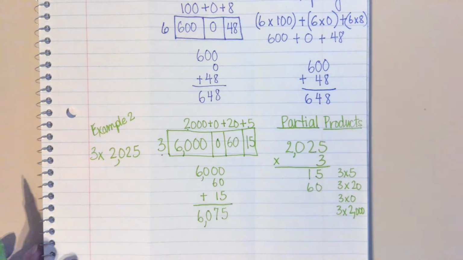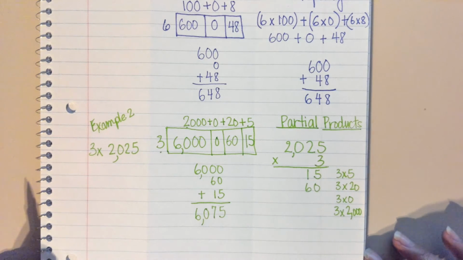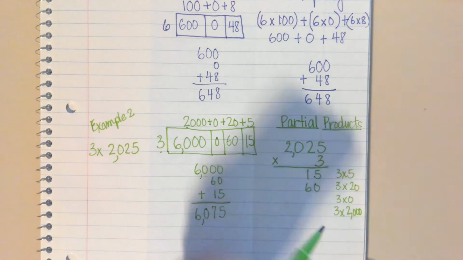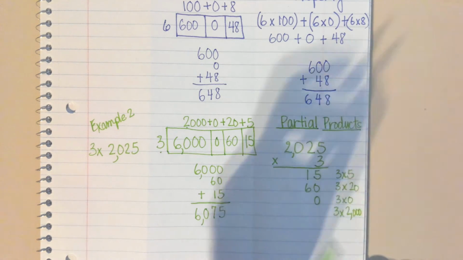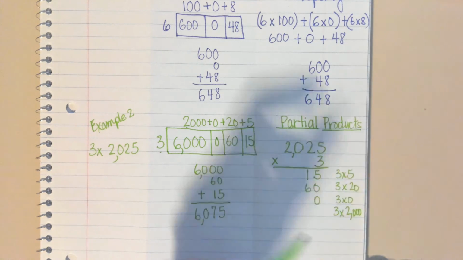Then we have 60. In the hundreds place, the product is 0. And in the thousands place, you get 6,000.